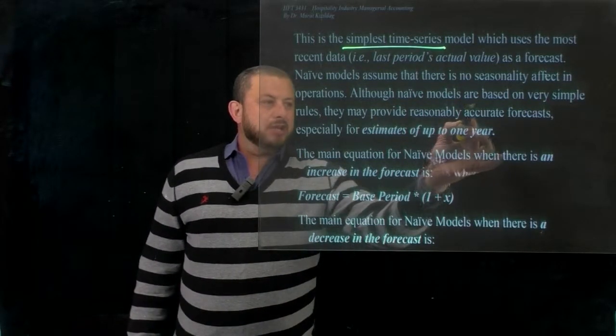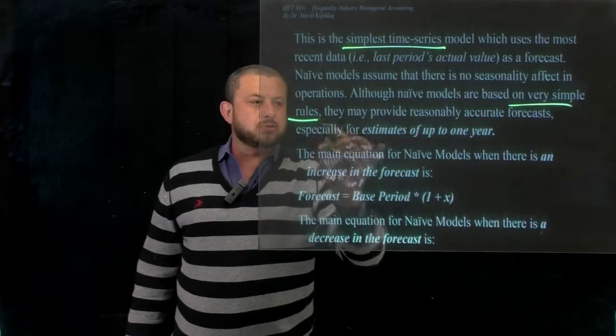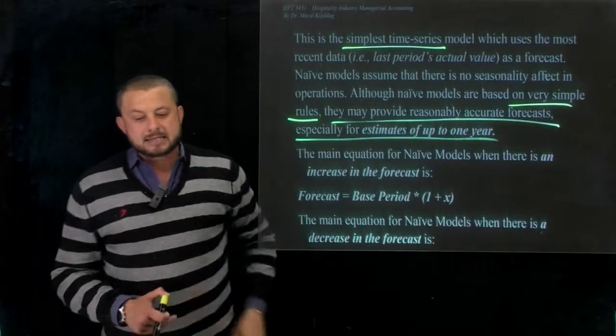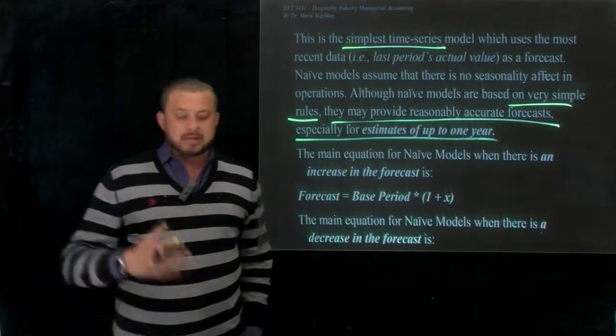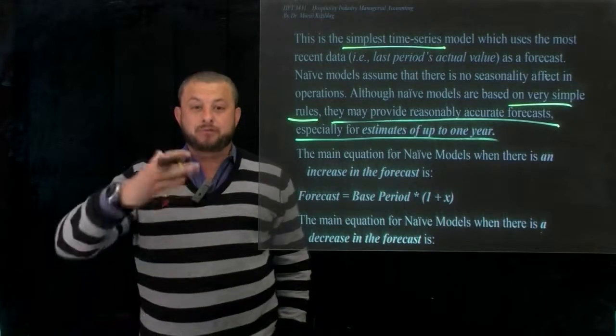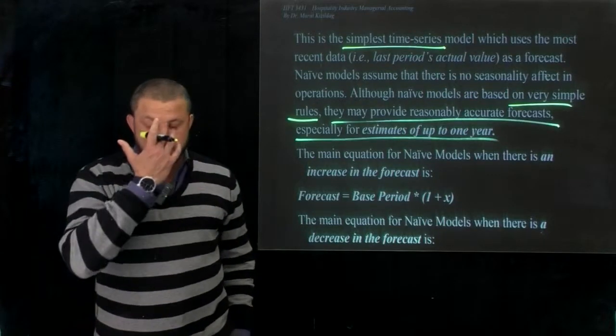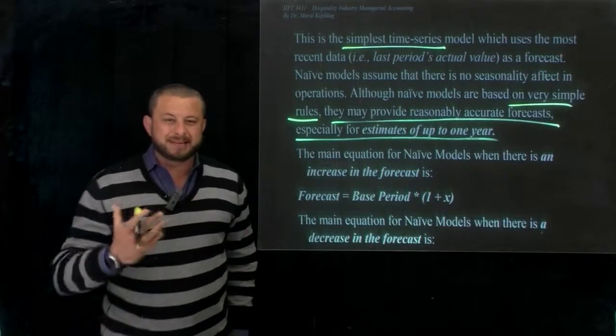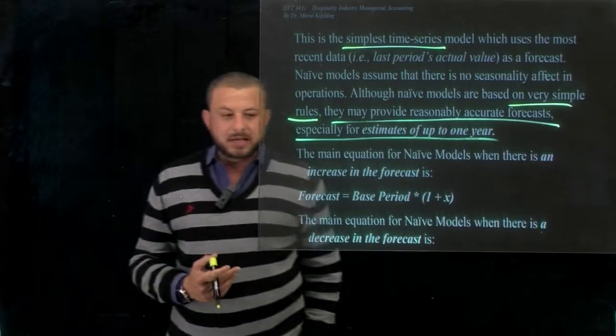Because naive models have very simple rules and they provide reasonably accurate forecasts. However, it is great to use naive models for forecasting done for up to a year. For more than a year, some other, more complex models will be better.